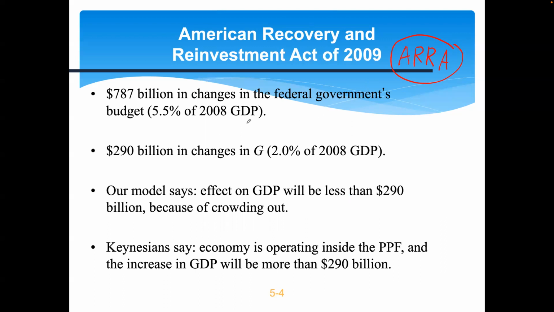This is the amount they spent: 787 billion, in terms of government spending, this G. By the way, this is budget, because it not only includes the purchase of goods and services, it also includes transfers. By the way, 290 goes to the change in terms of total spending.